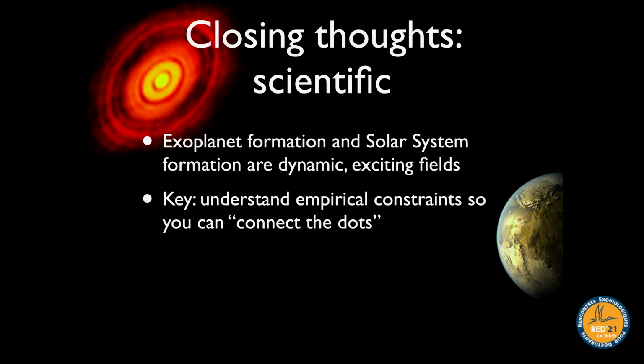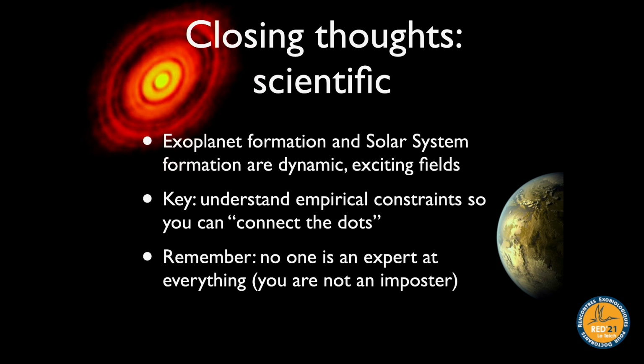A key thing is to understand these constraints. I mentioned constraints over and over again because that's where you can connect the dots to figure out new things by connecting constraints in a new way. And remember that no one is an expert at everything, and planet formation encompasses many different fields, so it's easy to feel like an imposter in all sorts of different ways. Just remember that. It's a universal feeling.